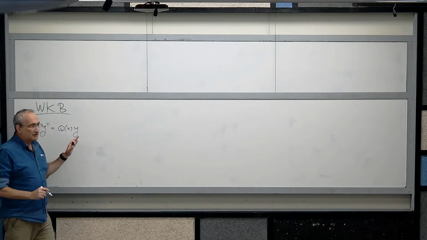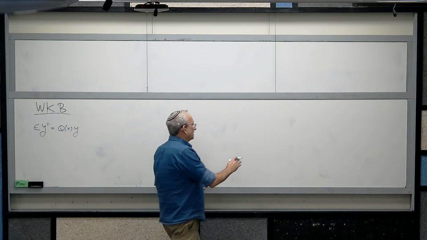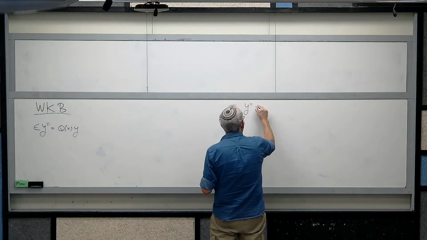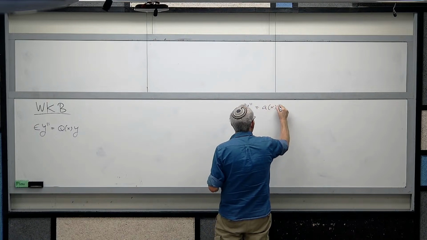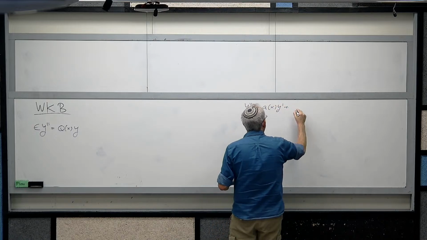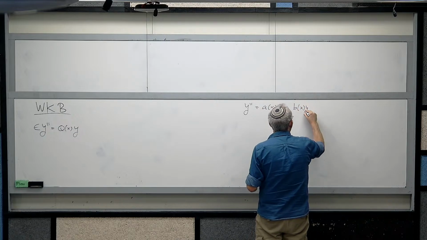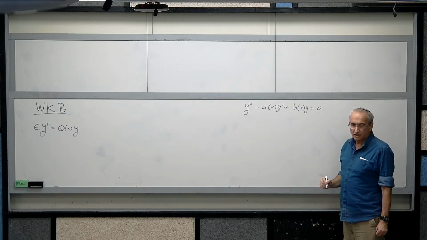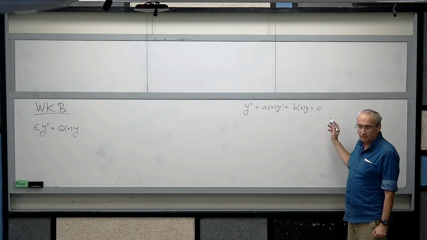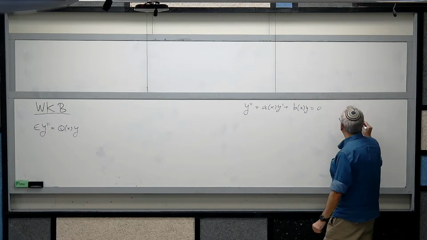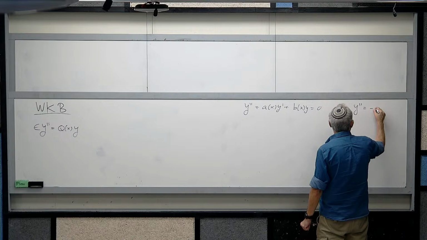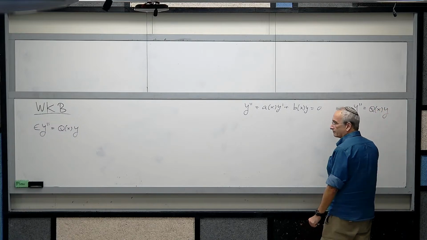Now, before starting, I just want to point out something interesting, which is that every second order linear homogeneous equation of this form may be written as y double prime is q of x times y.